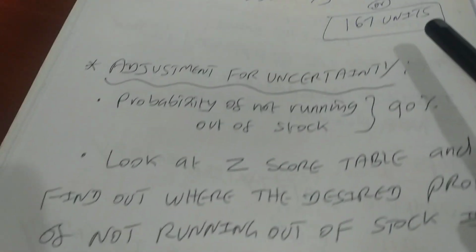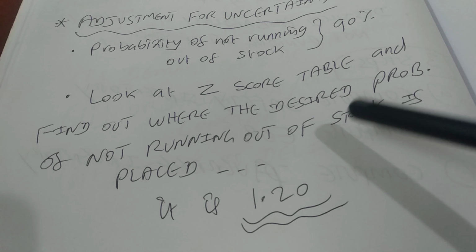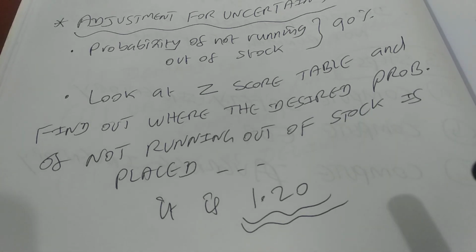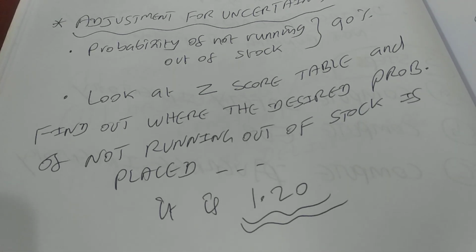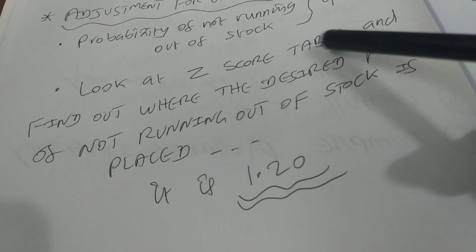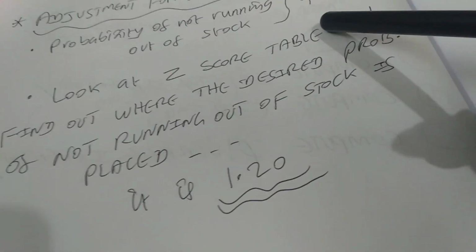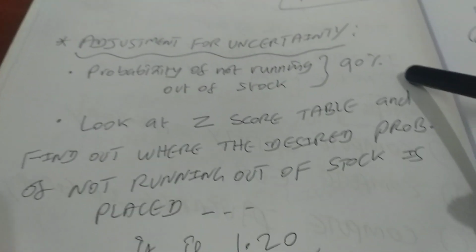And then we adjust for uncertainty. What we do here is try to estimate the probability at which we don't want to run out of stock. Let us assume the probability at which this company does not want to run out of stock is 90%.